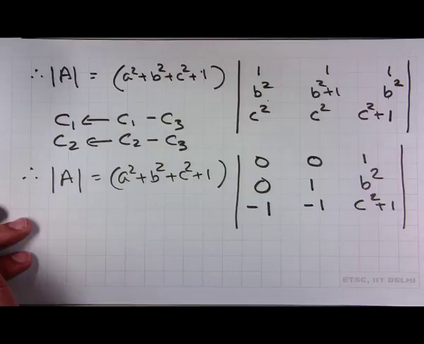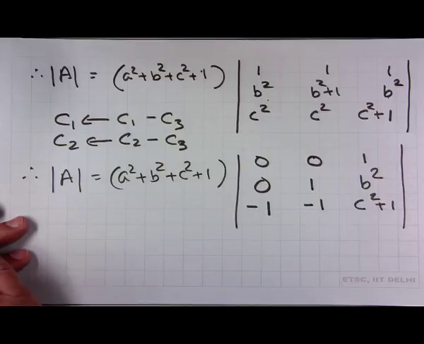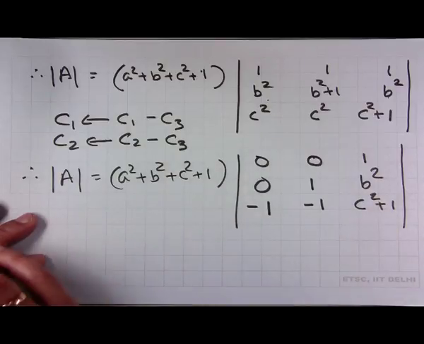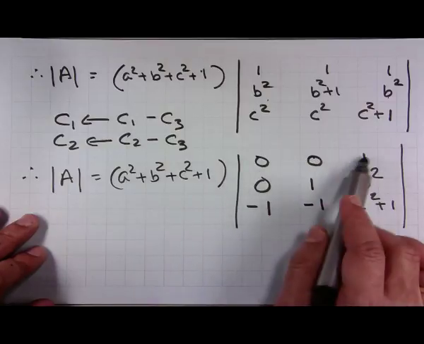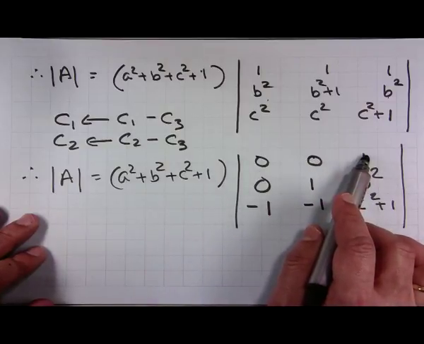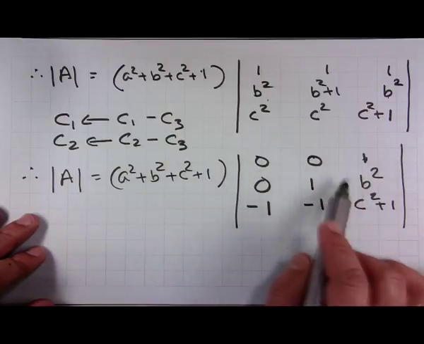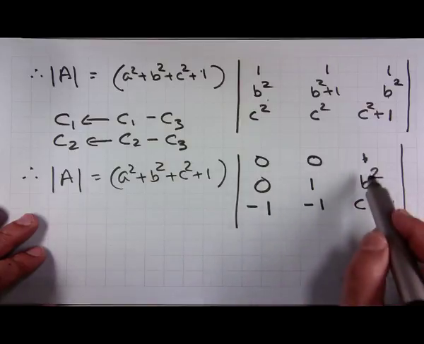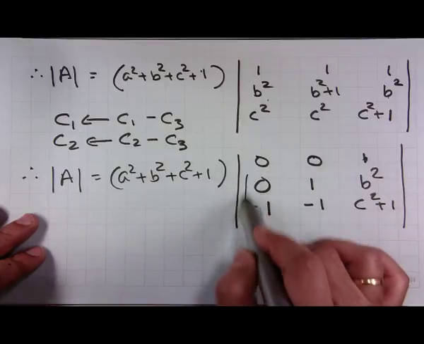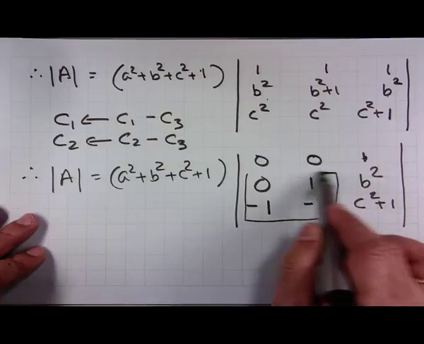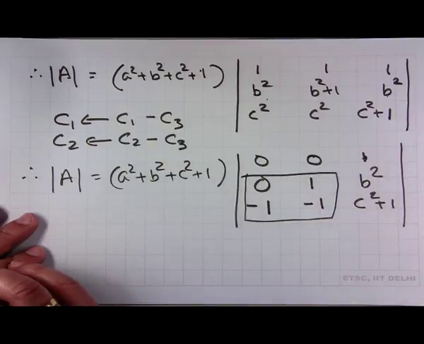This makes our life very simple, because the entire first row is 0 except the 1 3 element. Therefore, the determinant can be obtained by computing this determinant, which is very simple, which is 1.